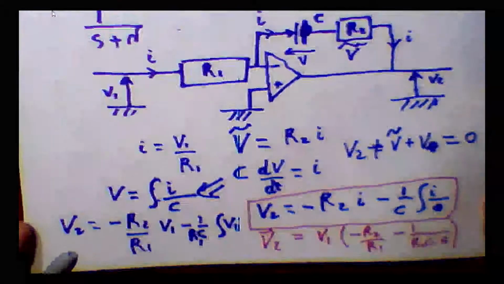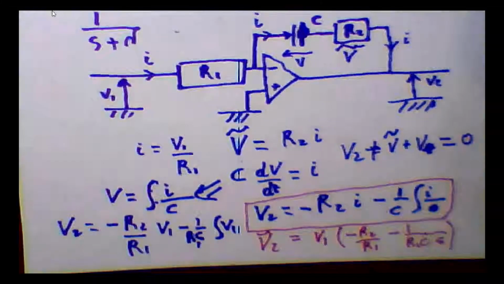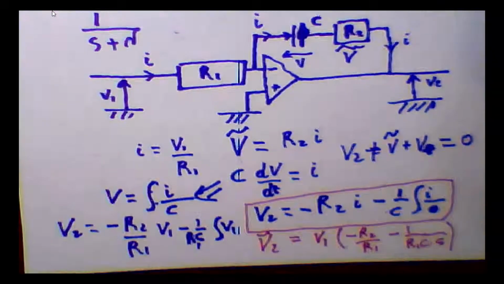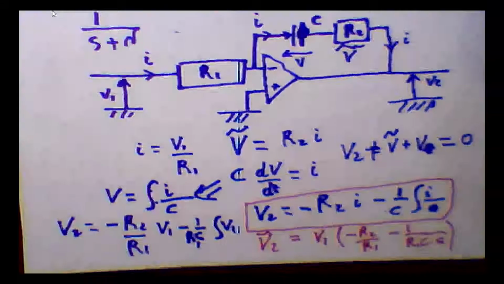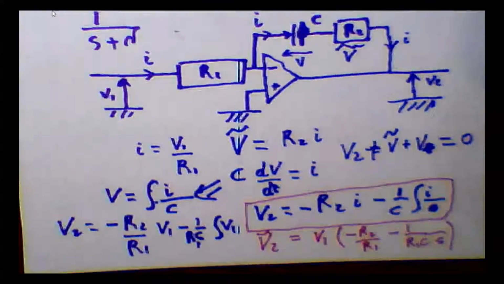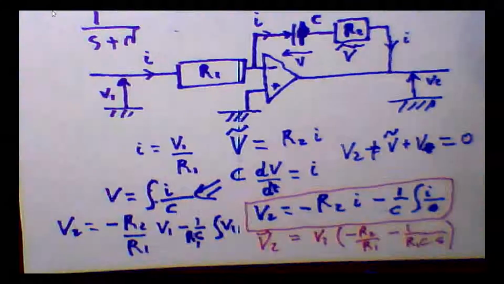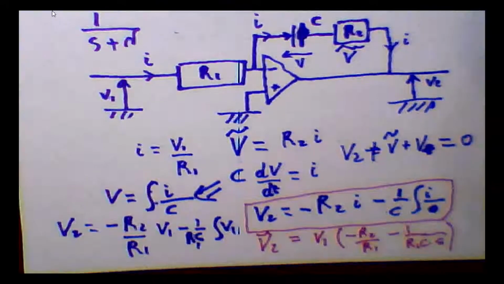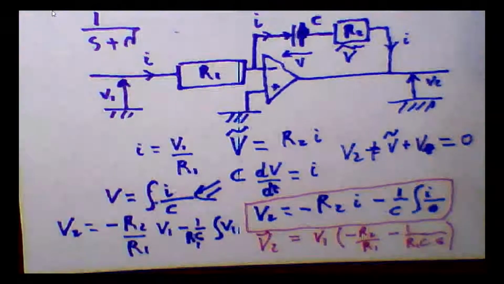Nevertheless, we have in fact found a way to get an interesting setup whereby we can take the sum of two transfer functions, one being a gain, the other being an integrator.